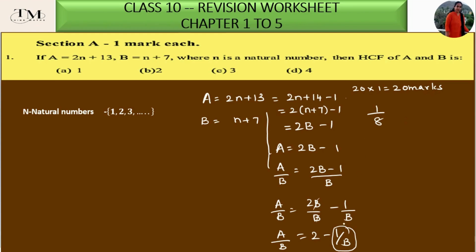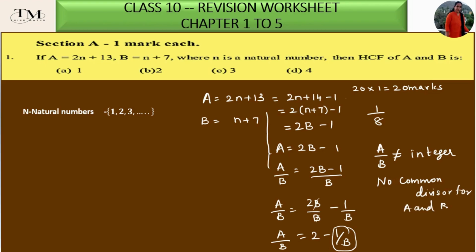Okay, children. So if it is not an integer, a by b is not an integer. This means if a by b is not an integer, we don't have a common divisor for a and b. So no common divisor for a and b.